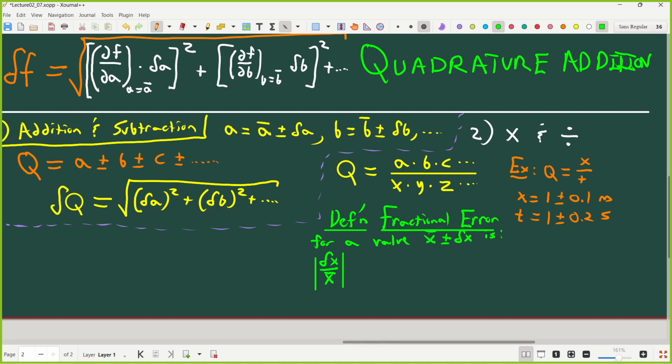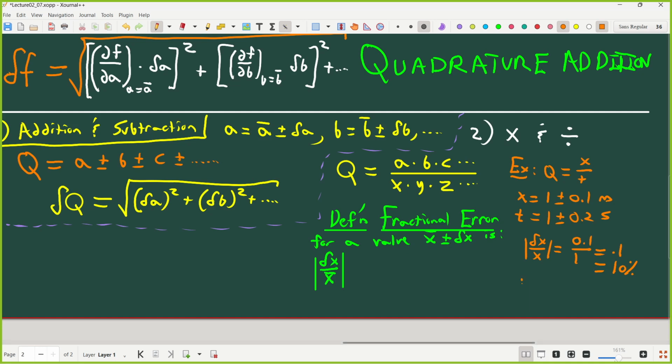So let's just quickly do the math. What's the fractional error over here? Delta x over x, absolute value, is 0.1 over 1, which is 0.1. If we multiply that by 100%, that's 10%, or 0.1 fractional error.